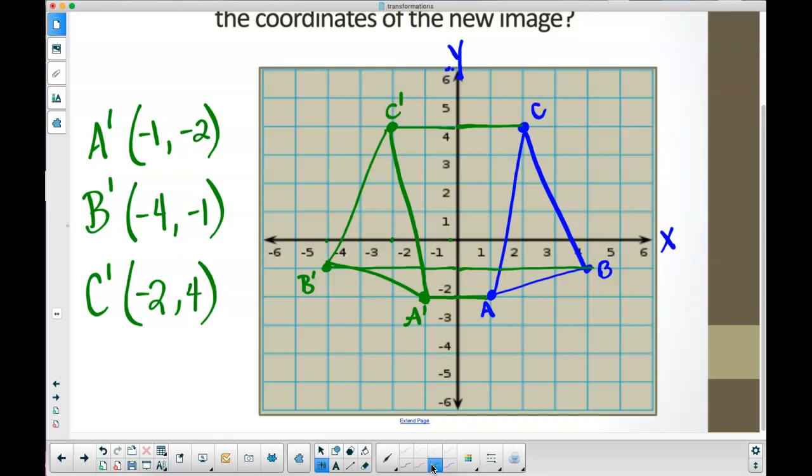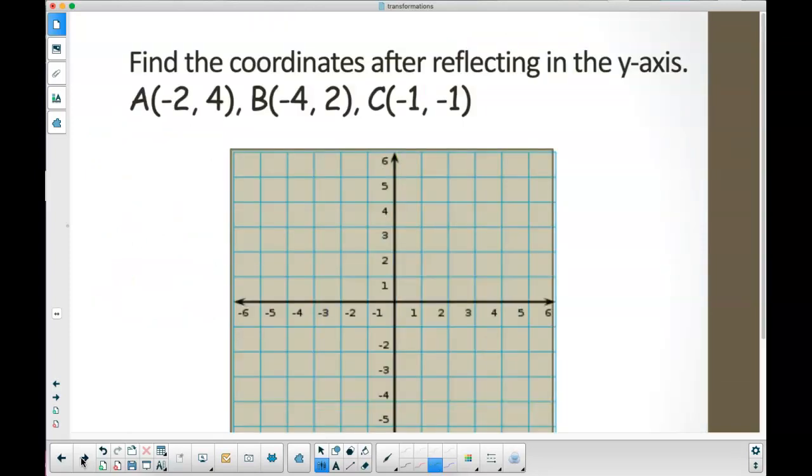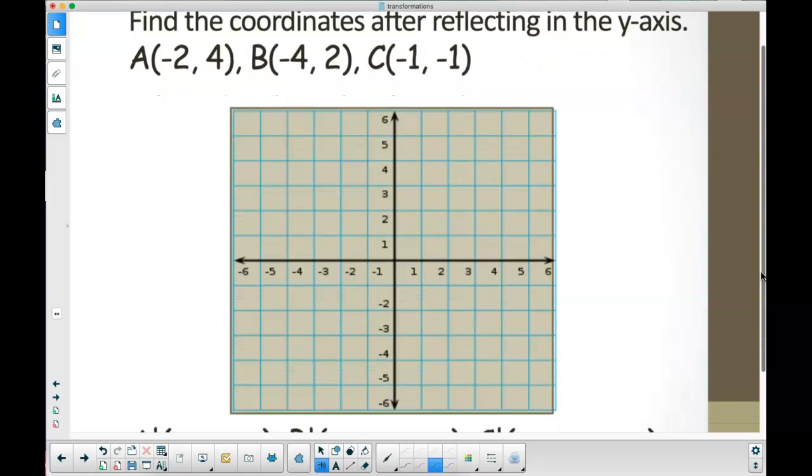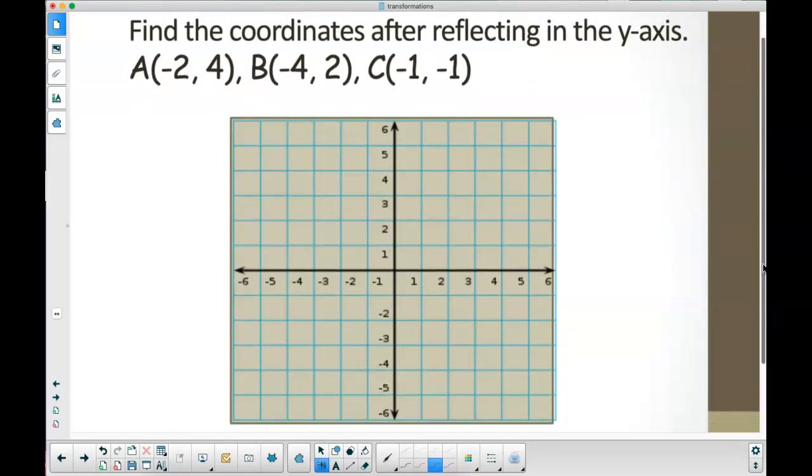Okay, let's try another one. Find the coordinates after reflecting in the y-axis. So let's plot our points first. We have (-2, 4). Left 2, up 4. Label it A. Okay, B, we have to go (-4, 2). So left 4, up 2. There's B. And C is (-1, -1).